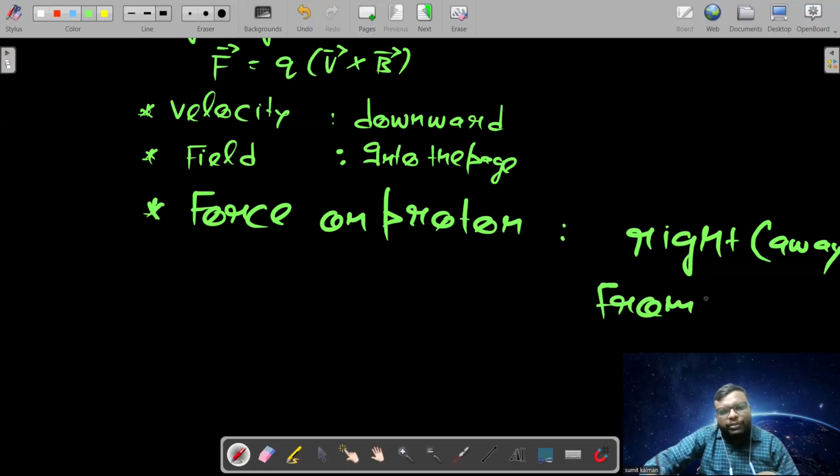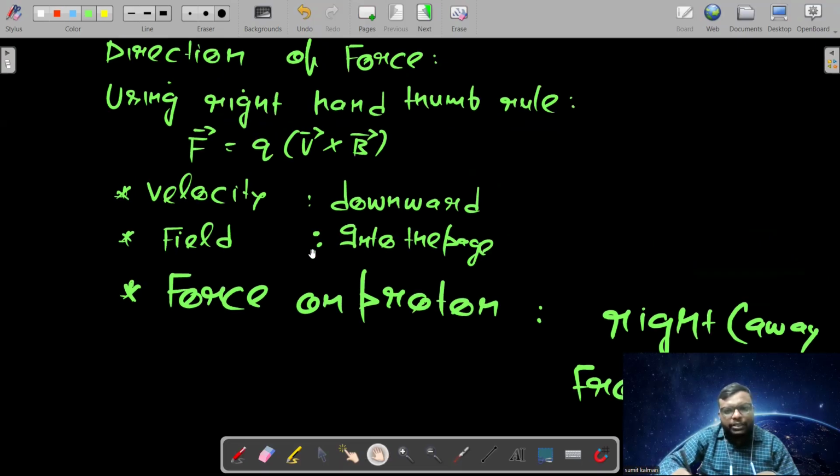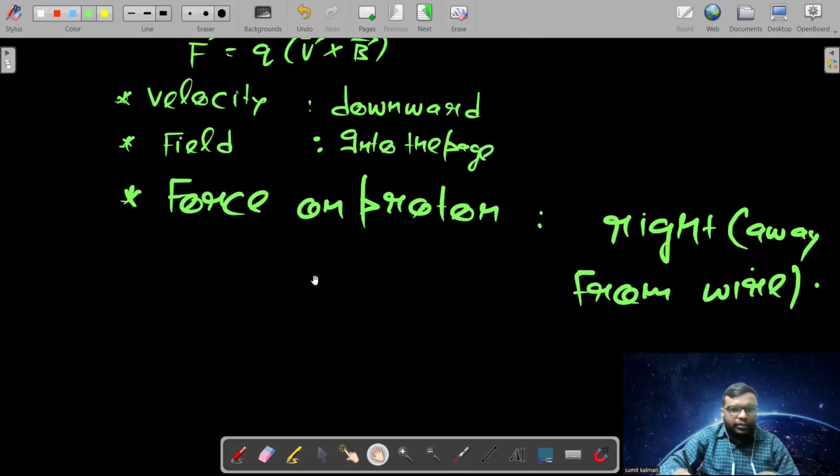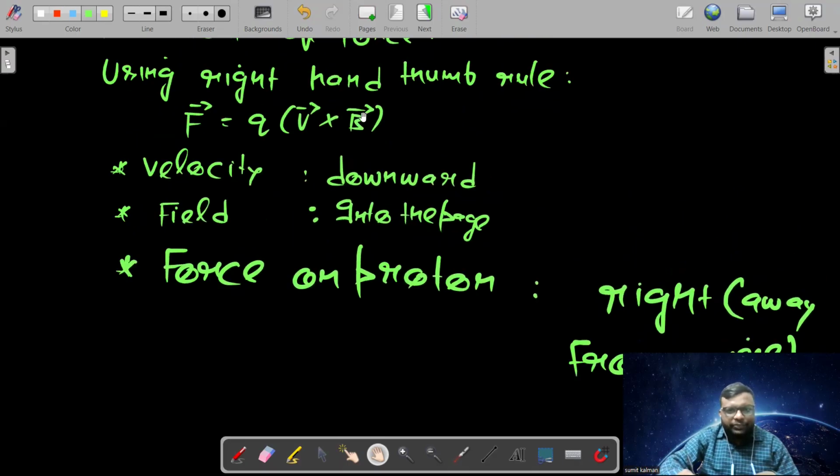So you can just use right hand thumb rule for this, and this rule is very simple. You can just find it in your book and you can just apply it. If you want, I can make a separate video for this.